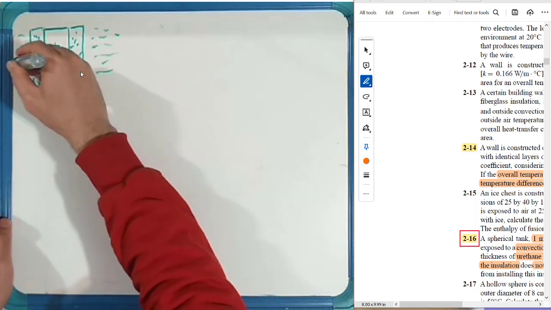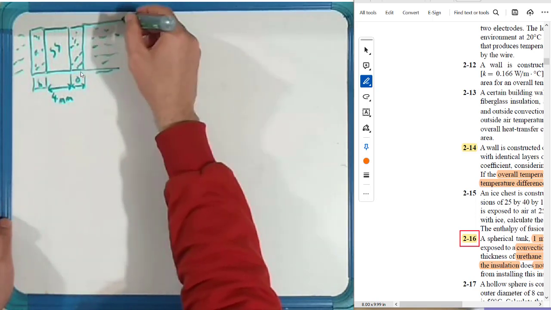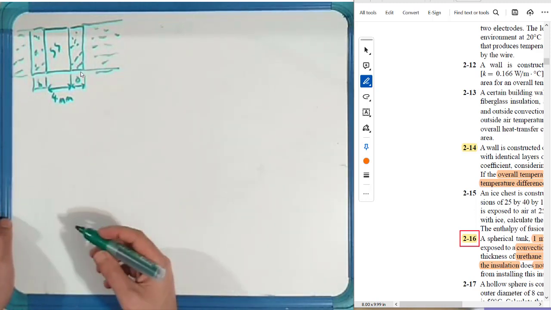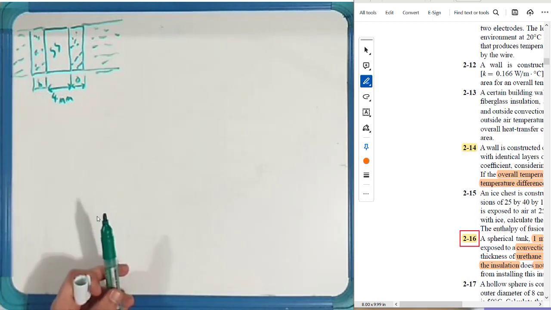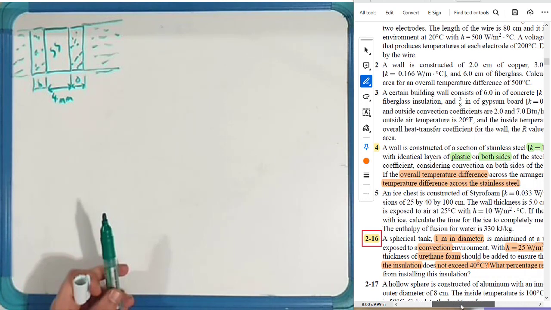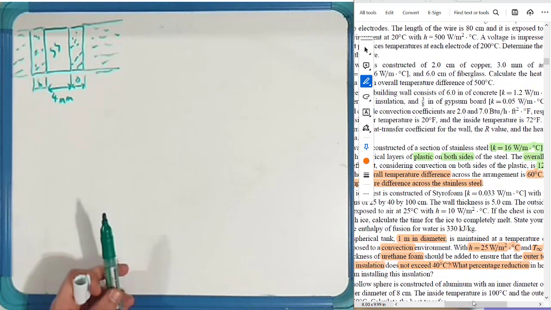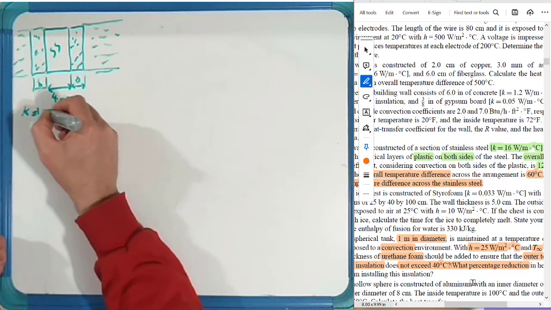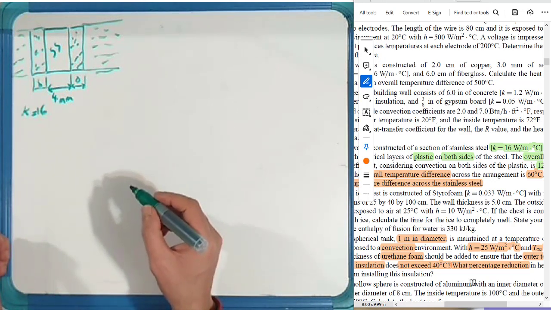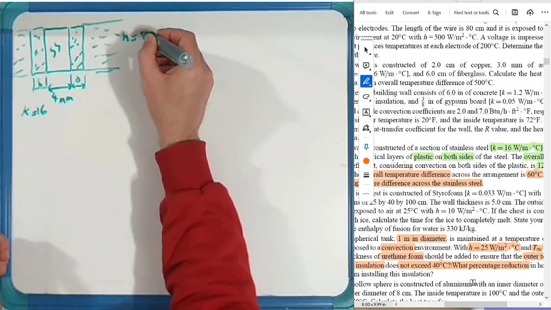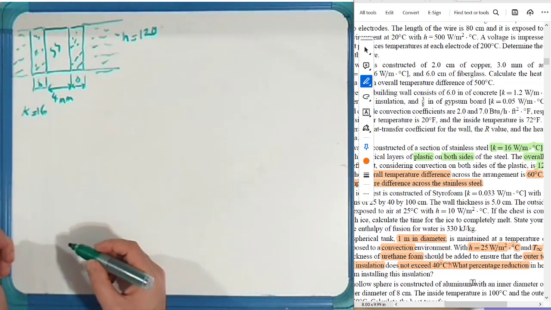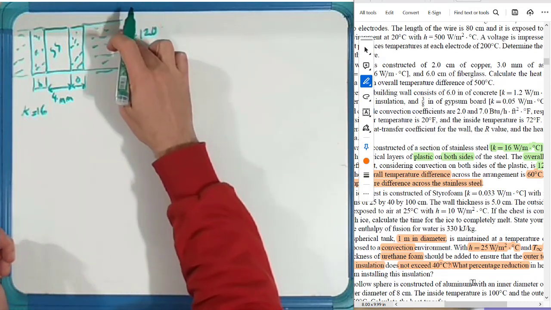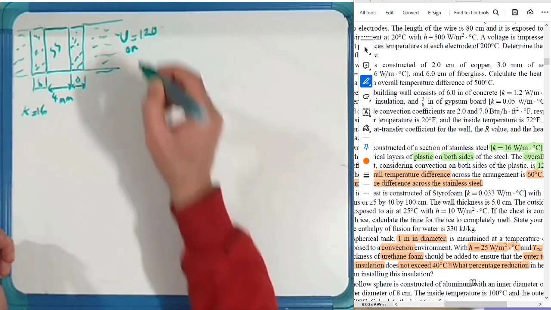For example, here we have convection. K of steel is 16, and U overall is 120.